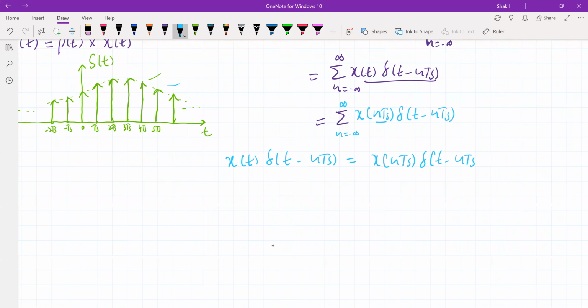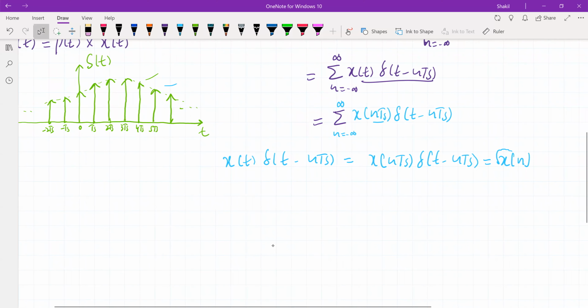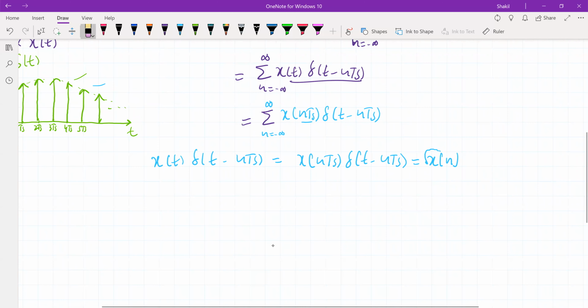So this is delta t minus nTs, and we often drop the Ts from this notation, and we write it only as x of n delta t minus nT.